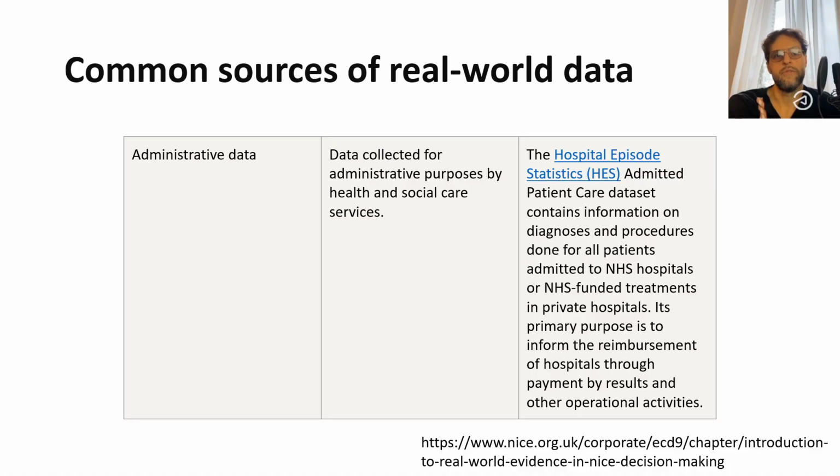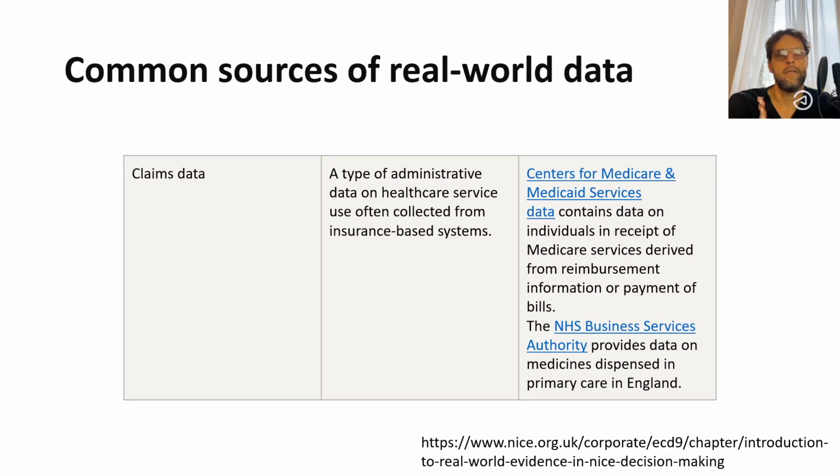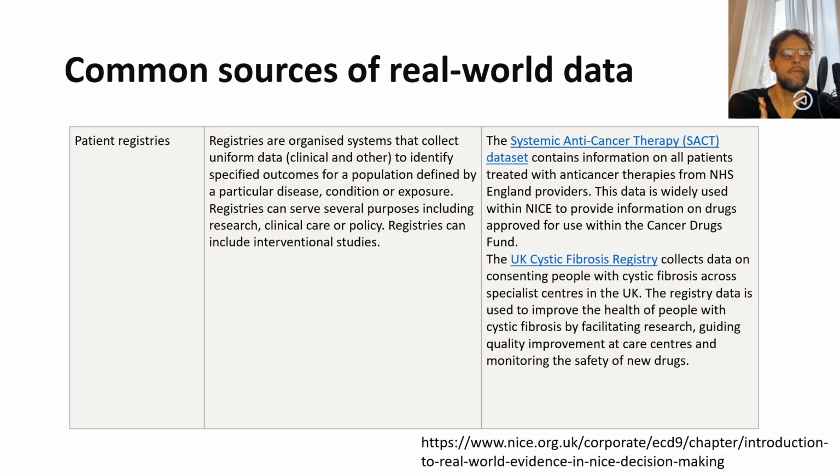So if we do not have certain data in clinical datasets, we are able to utilize administrative data from finance, from something related to administrative issues at a certain hospital. The same thing with insurance claims, which could be analyzed.